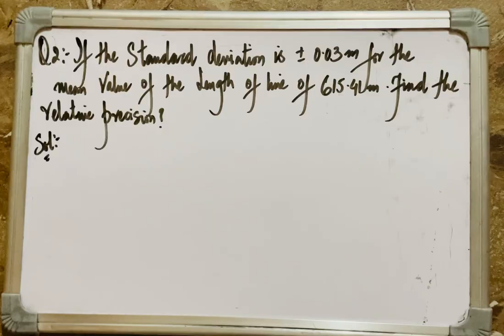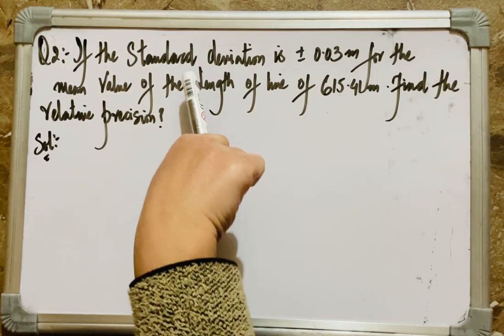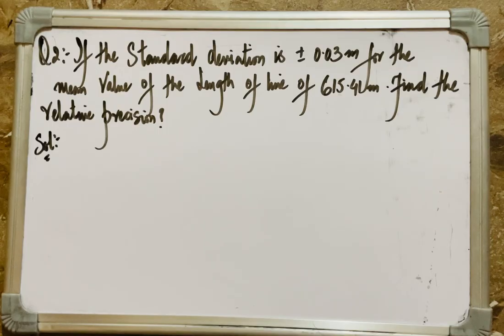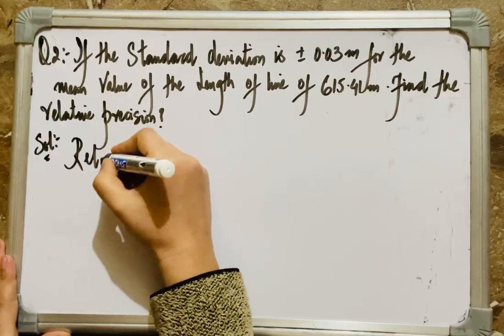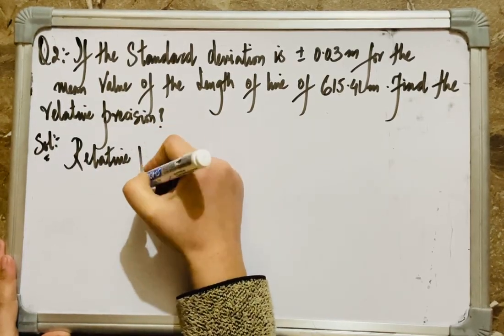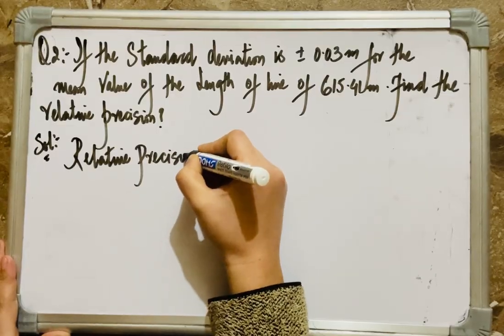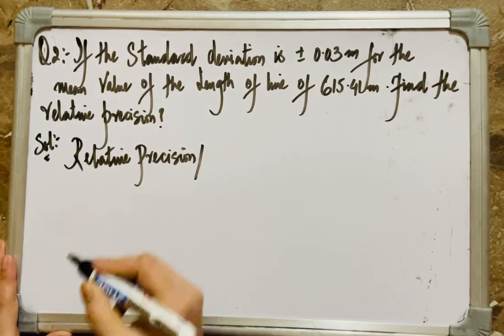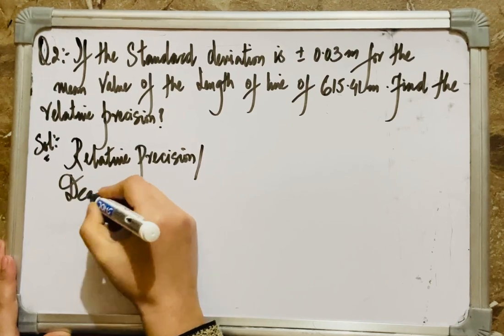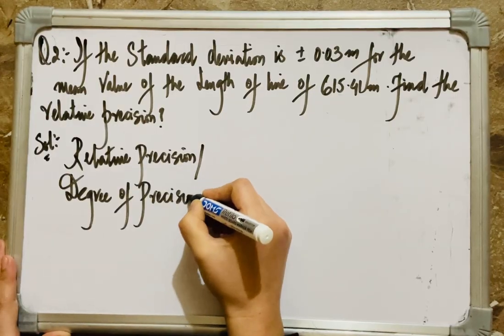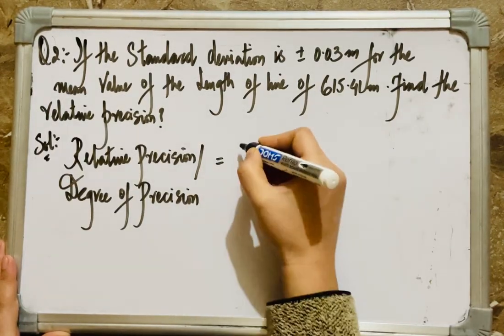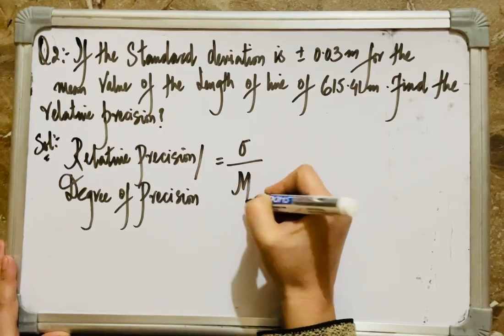Relative precision, or the degree of precision, is used to express the precision of the various measurements, and it's usually expressed as a ratio between standard deviation and the mean value of the quantity. So I may write it down. My relative precision, also known as degree of precision, is a ratio between standard deviation and the mean value of the measurement.